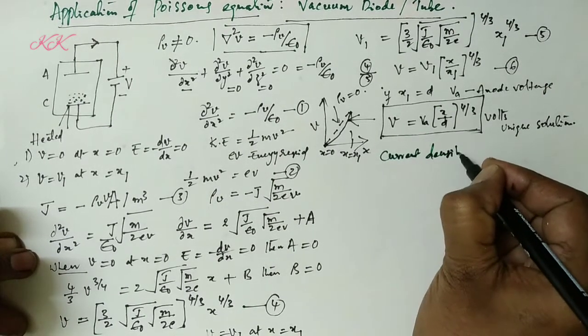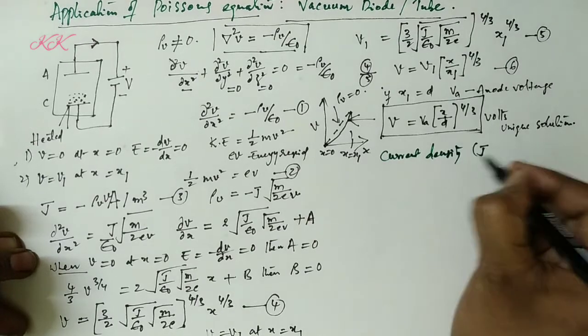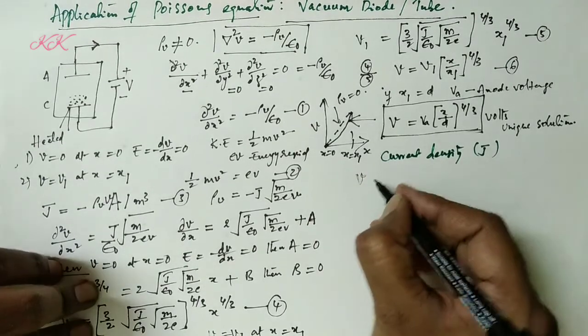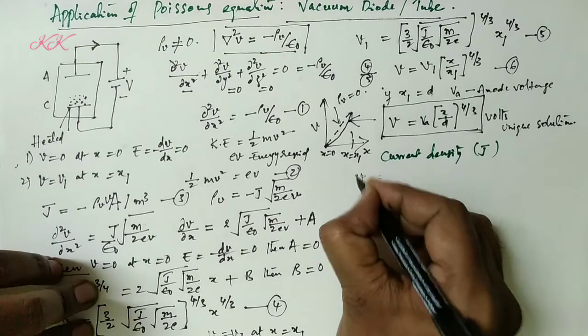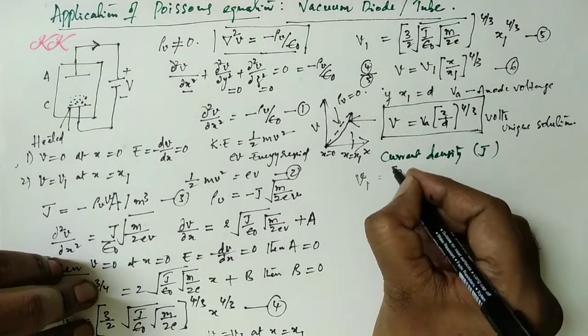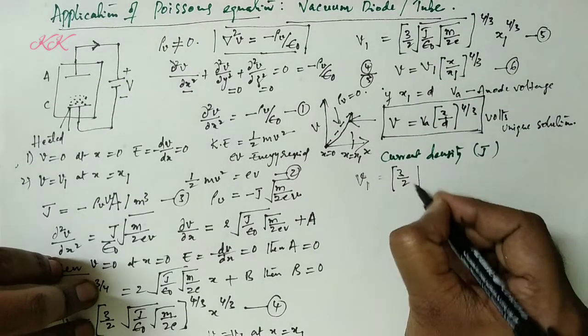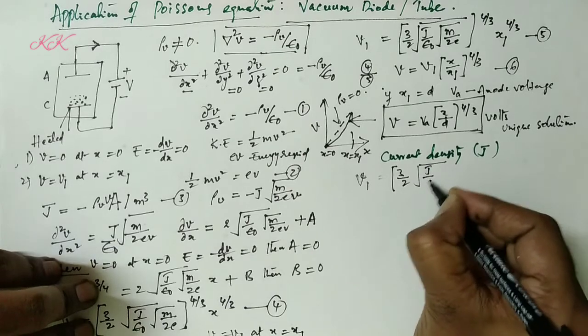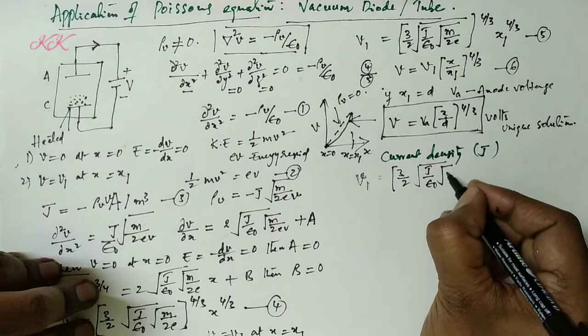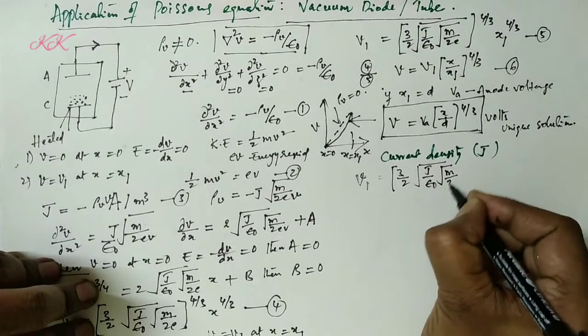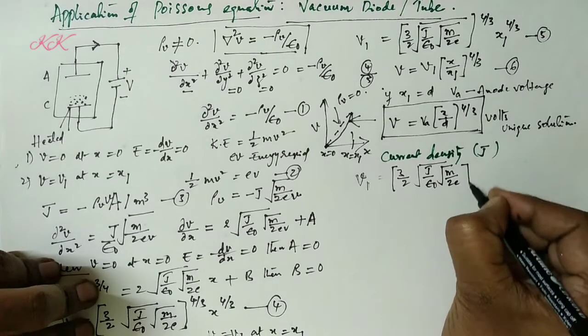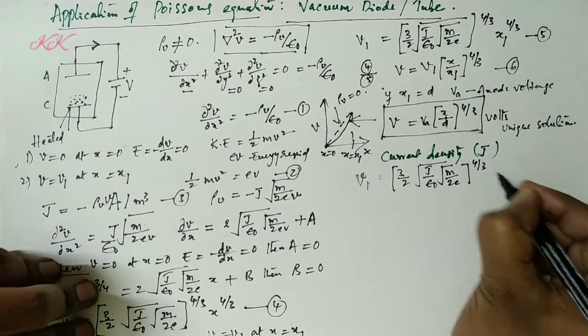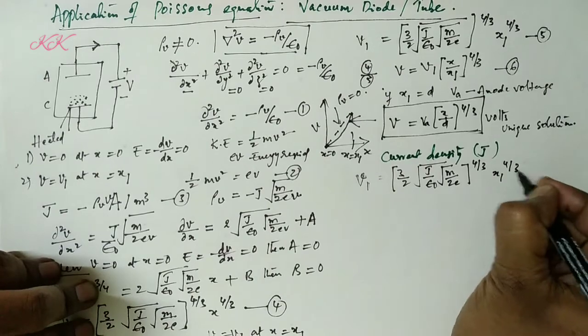density, it is J. I am considering the equation V1 equals 3 by 2, that is equation number 5, square root of J by epsilon naught, square root of m by 2e, whole to the power of 4 by 3, x1 whole to the power of 4 by 3.